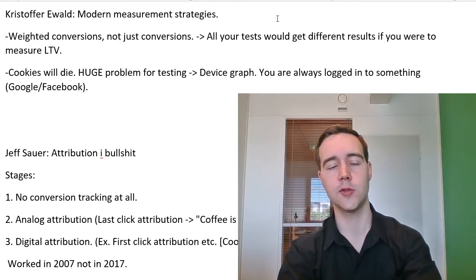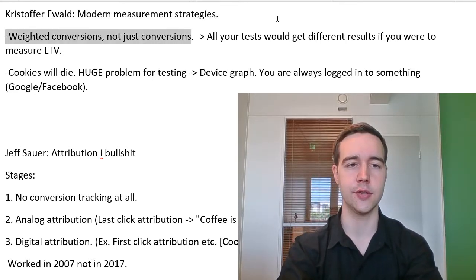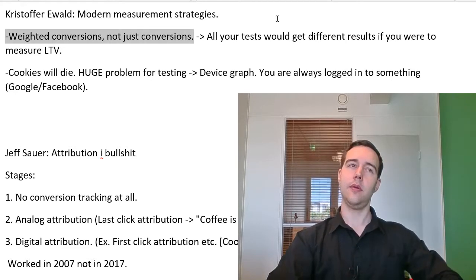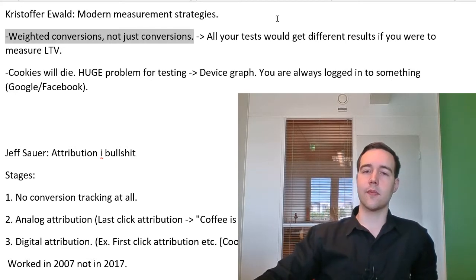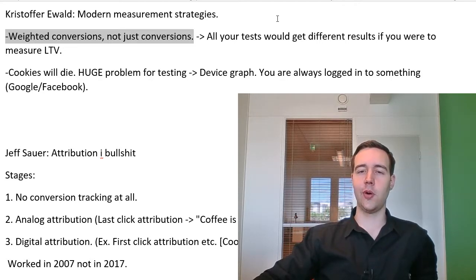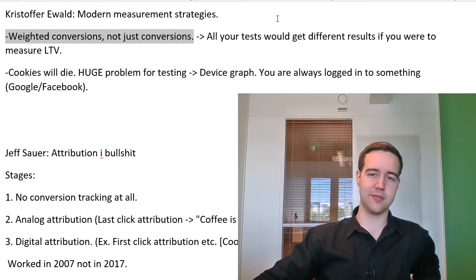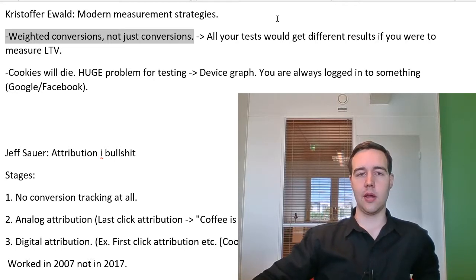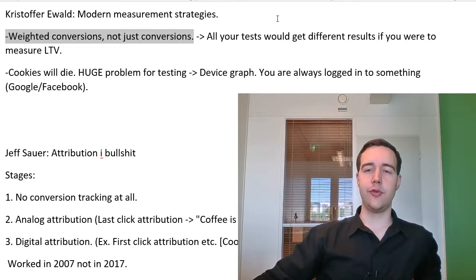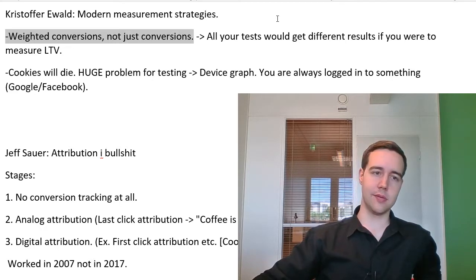Preferably we want to use weighted conversions, not just conversions. And this is an issue that will make your testing quite a bit more complicated, because you might be fine using just the conversion rate or revenue as your metric. But once you really get to the enterprise level, you want to use more complicated models.